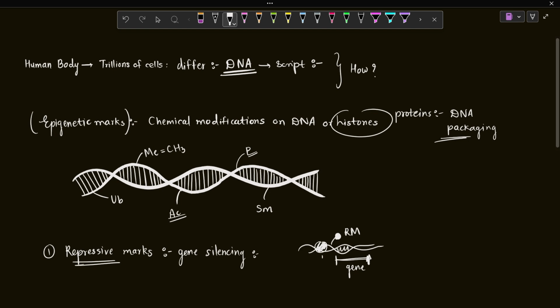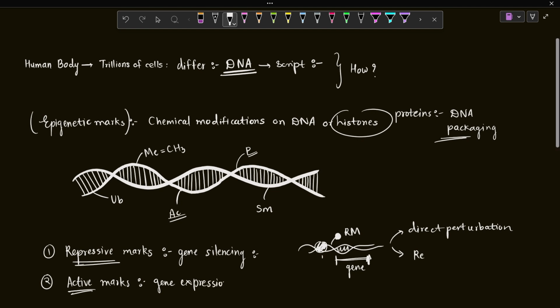This repression of the gene is due to different factors. It could be due to direct perturbation of the chromatin structure, or it could be due to recruitment of the repressor, or recruitment of the proteins which help in gene silencing. The other type of marks are active marks. Again, as the name suggests, those help in gene expression.